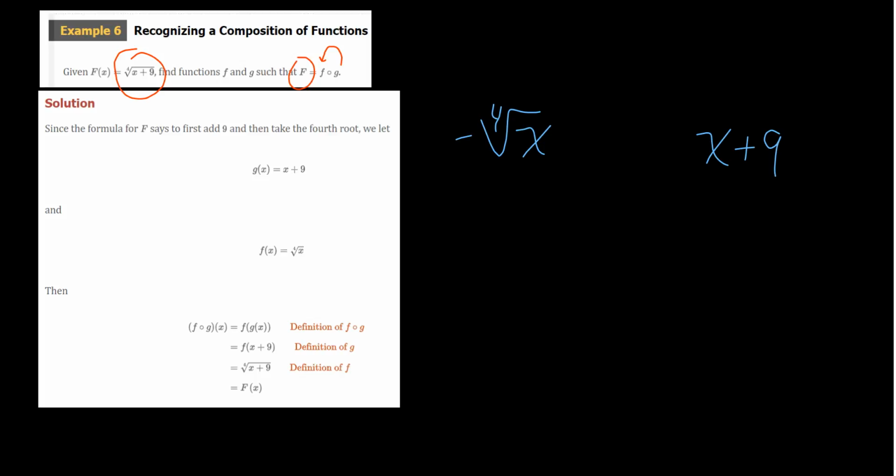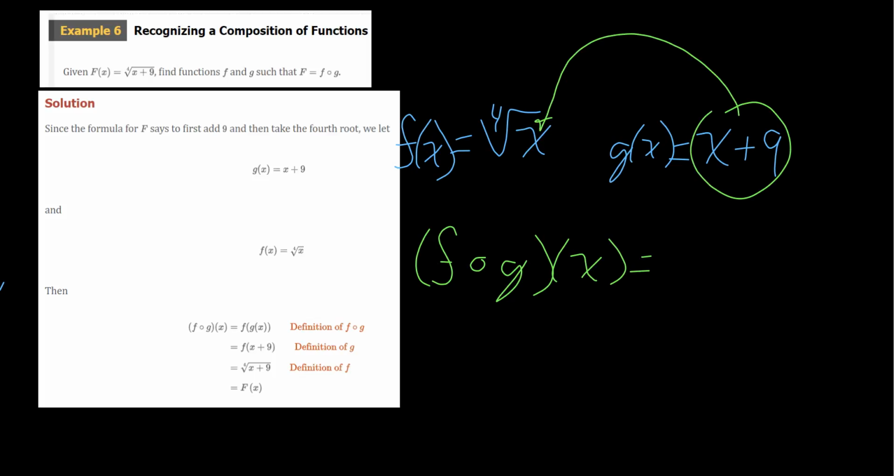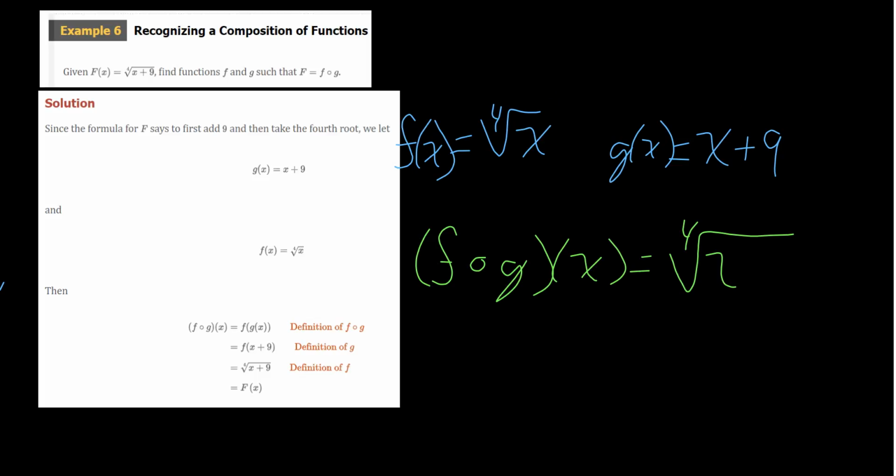So if we called the 4th root of x f of x, and if we called x plus 9 g of x, then we do indeed see that if we were to have f of g of x, we'd plug this into our x here, which would get our big F that we saw, which would be the 4th root of x plus 9, which again was equal to big F of x.